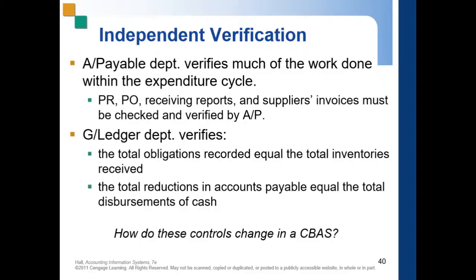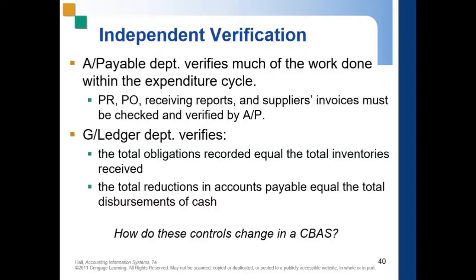Another department that does the verification is the general ledger, which verifies that the total obligations recorded equal the total inventories received, and also that the total reductions in accounts payable will equal the total disbursement of cash.